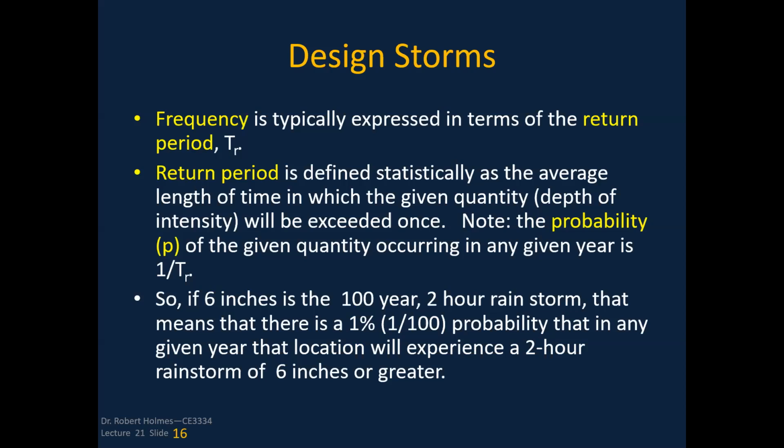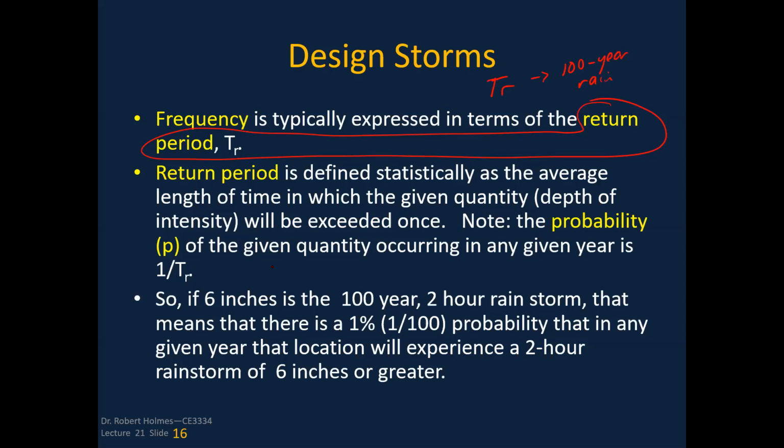And so when we think about the frequency, you've heard it referred to most of the time in terms of return period, TR. That's when we use language like 100-year rain, or if it's flooding, 100-year flooding. But all a return period is really a probability measure.